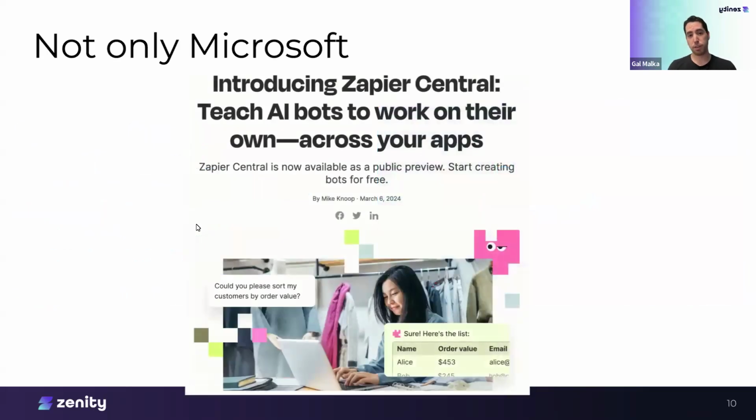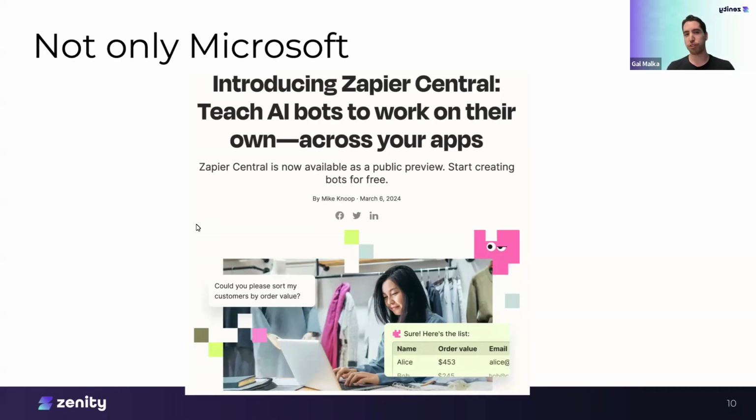The other example here is Zapier. Zapier is a platform for no-code, low-code development for citizen developers. And they introduced a few weeks ago their next product phase, basically, which is called Zapier Central. And this is kind of Zapier 2.0.